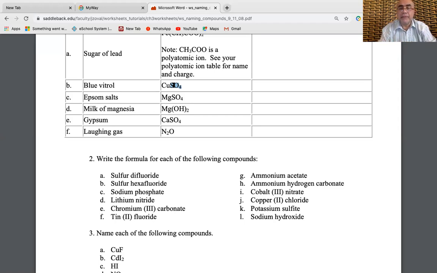We can find in the transition elements several oxidation numbers. Transition elements are in the middle of the periodic table, starting with scandium, titanium, vanadium, chromium, manganese, and so on. So in these transition elements, we have several oxidation numbers.